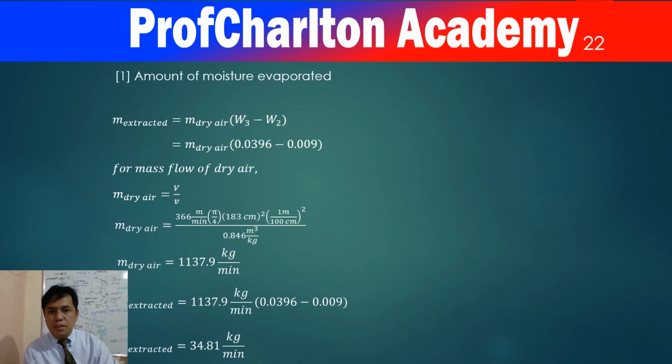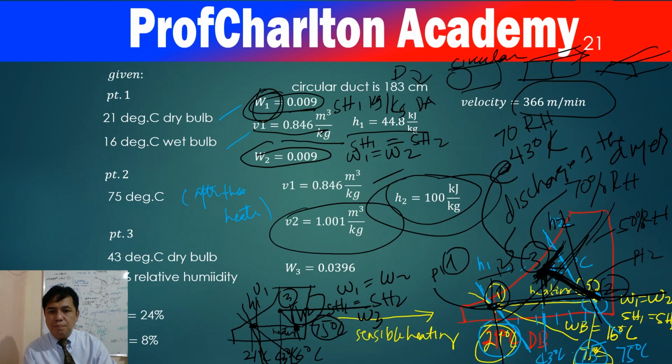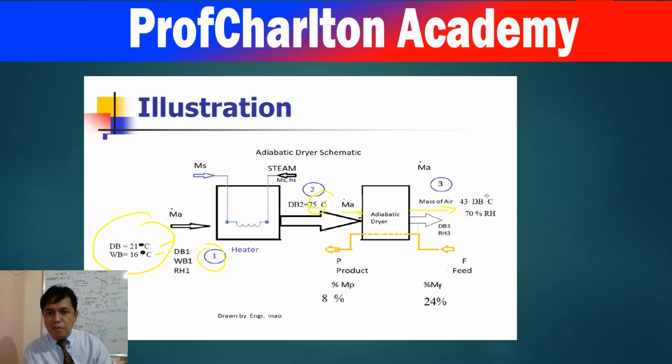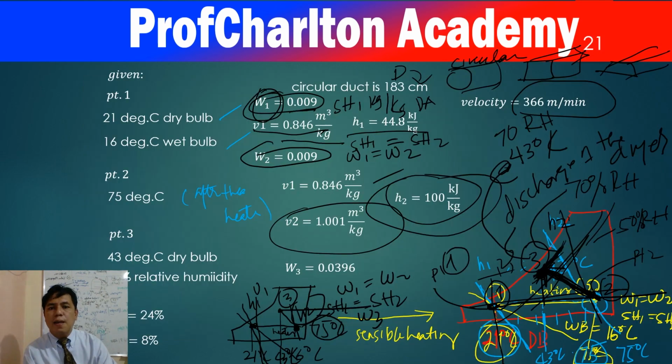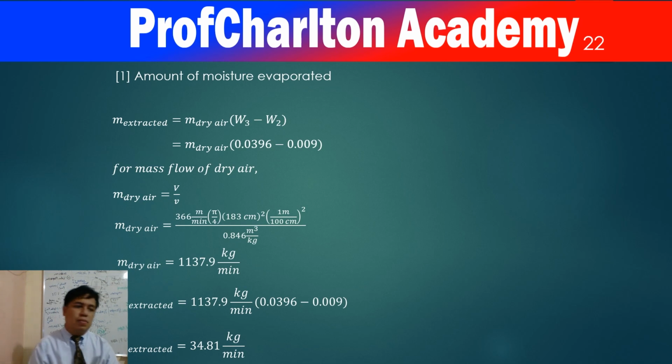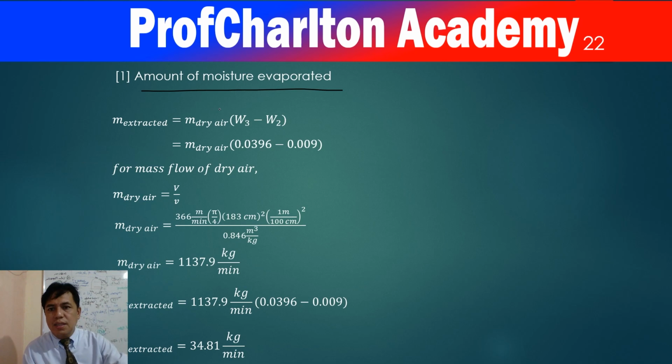Okay. So now, how do we solve the problem? The problem is the amount of moisture evaporated, and what is our formula? The amount of moisture evaporated or extracted, the amount of water extracted, is here: mass of the dry air, MA, times specific humidity 3 minus specific humidity 2, which is also specific humidity 1, right?